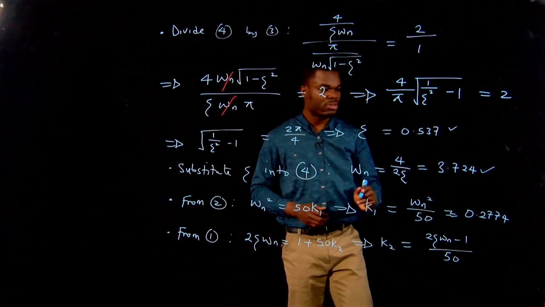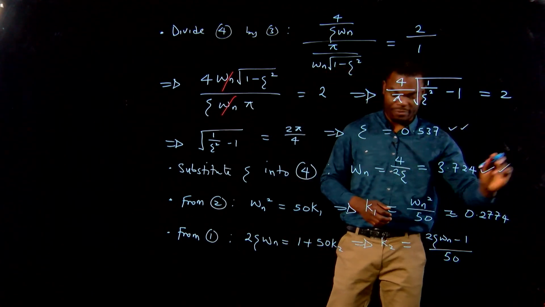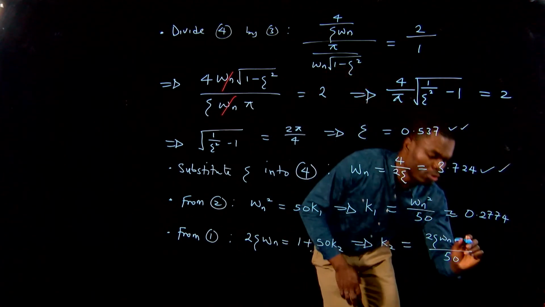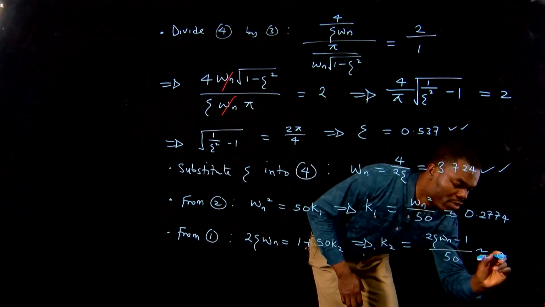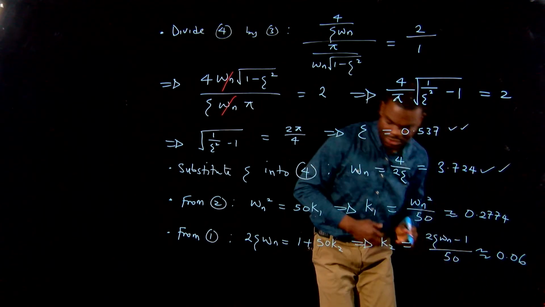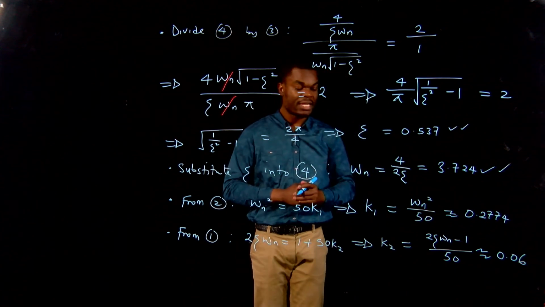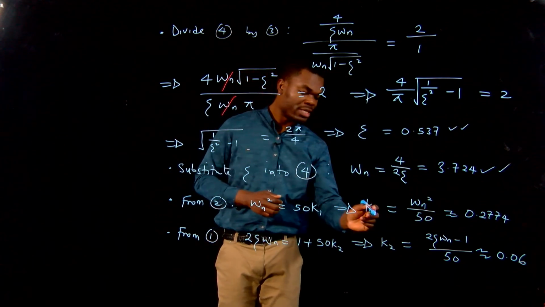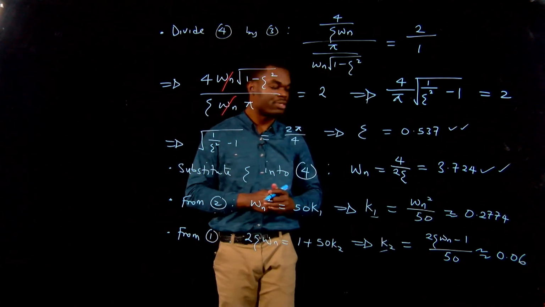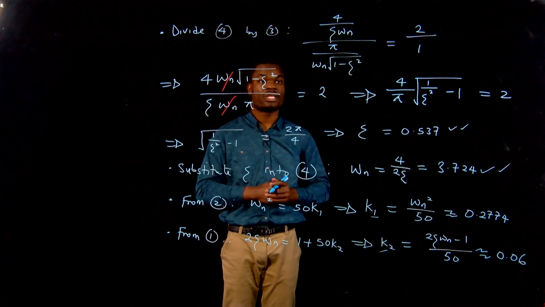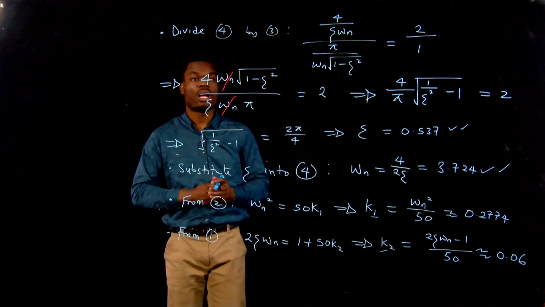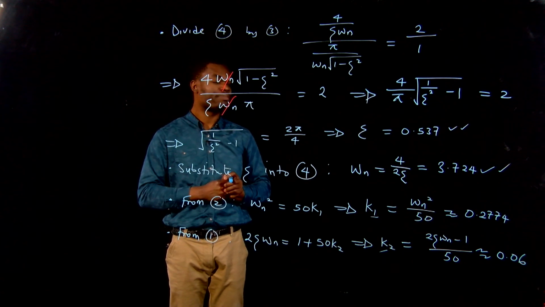And if we substitute the values for zeta and omega n, our k2 works out to be approximately equal to 0.06. So we've succeeded in calculating the values for k1 and k2 based on the design criteria. So that ends the solution for this question. Thank you.